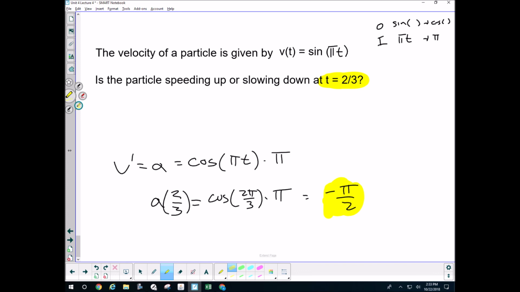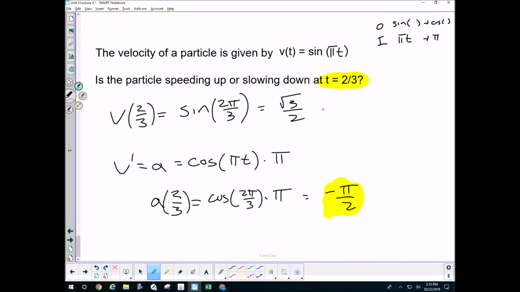This is not enough. All you need to do is plug in 2/3 into your velocity to figure out that this is √3/2, which is positive. This is negative. It is because my velocity is to the right and my acceleration is to the left that we are slowing down. It's not because my acceleration is negative that I'm slowing down.